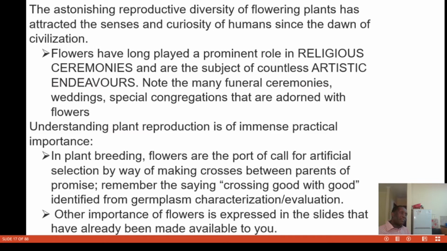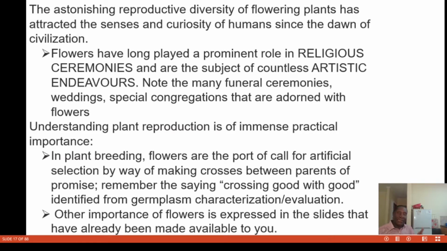But above all else, particularly in the context of plant breeding, understanding plant reproduction is of immense practical importance. In plant breeding, for example, flowers are the port of call for artificial selection by way of making crosses between parents of promise.